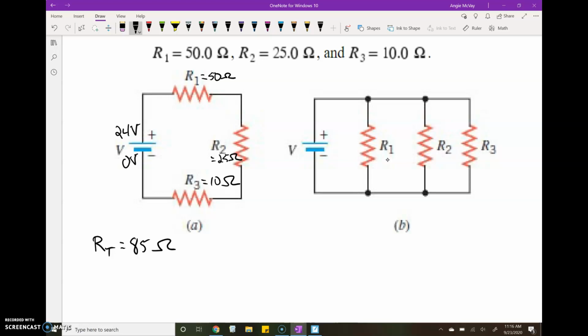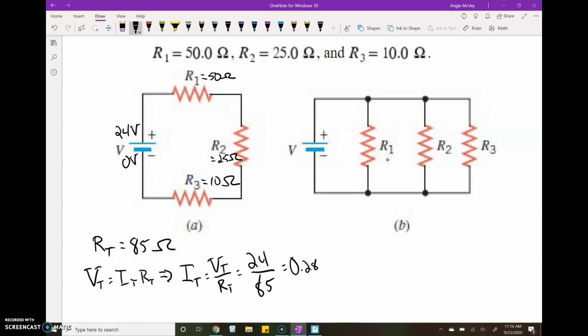Then if we apply Ohm's law, V equals I R, with the subscript total, to figure out what the total current is, we could solve for current: the total current is the total voltage over the total resistance, which is 24 over 85. So the total current is 0.28 amps.